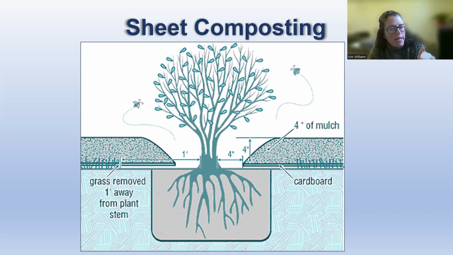It biodegrades and it basically kills the grass underneath it. And then layer on 4 to 6 inches of mulch. As you can see in this diagram, the mulch is sloping away from the stem, because if the mulch is all bunched up against the stem, it can cause it to rot. So just be careful when mulching newly planted trees.